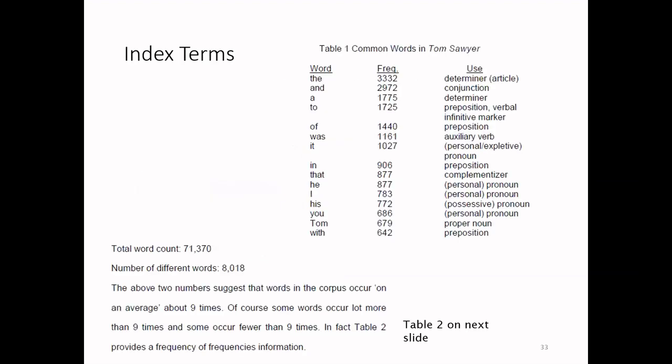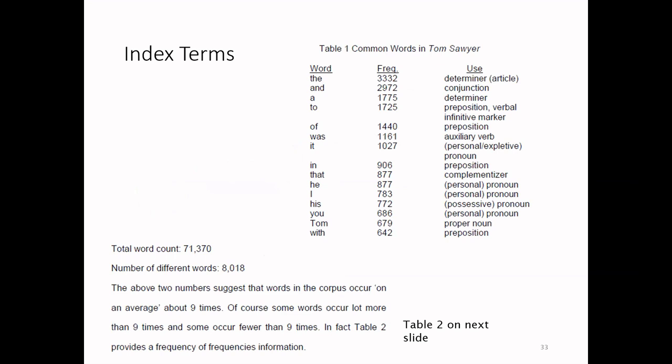All right. So now let's look at how the indexing terms are selected, or how one goes about selecting the indexing terms. We'll start with looking at an English novel called Tom Sawyer.